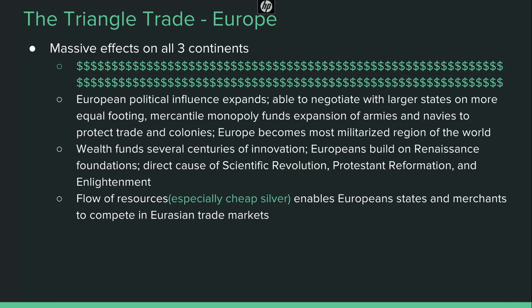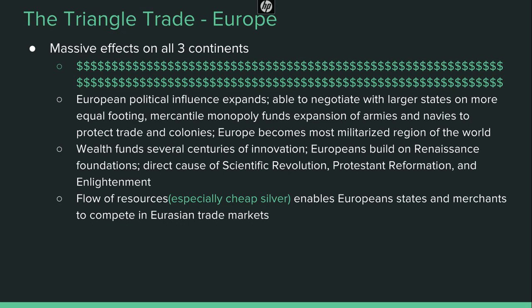Now, in the case of Europe, when we talk about the effects, hopefully that first bullet point is self-explanatory. Okay. The wealth generated through the triangle trade and through European monopolies based on mercantilism enriches the countries of Western Europe in a way that has rarely been seen in history.